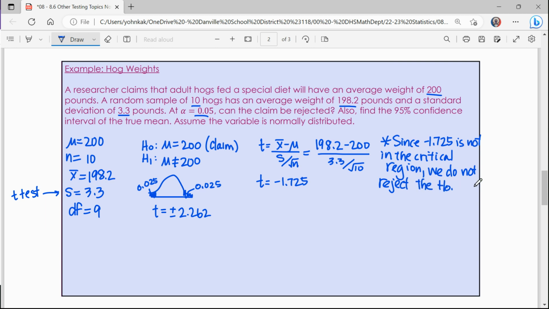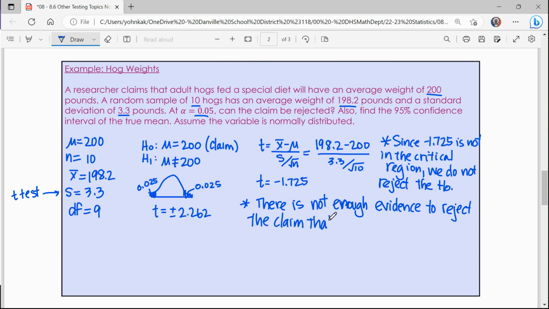All right, so we are not rejecting the null hypothesis, which is our claim. So our sentence is that there is not enough evidence to reject the claim that the average weight is 200, that the mean weight is 200 pounds.